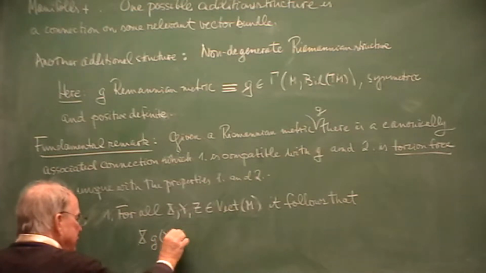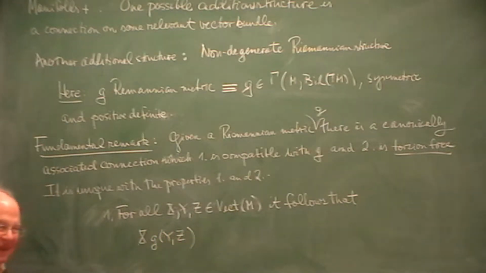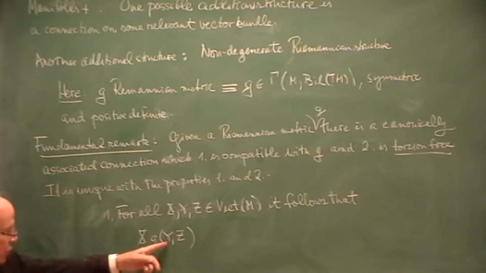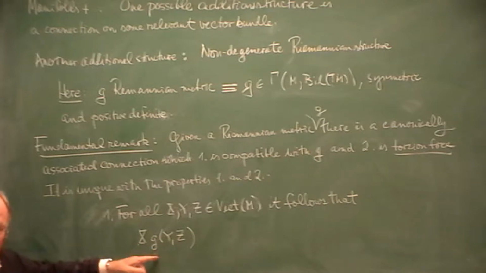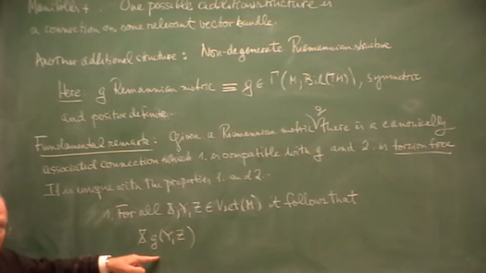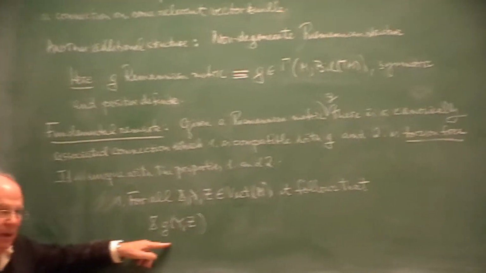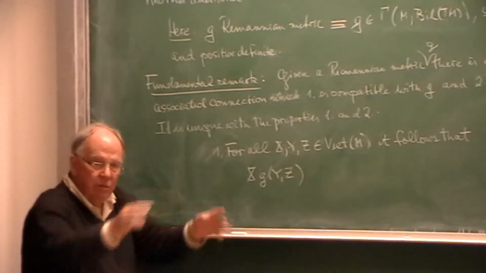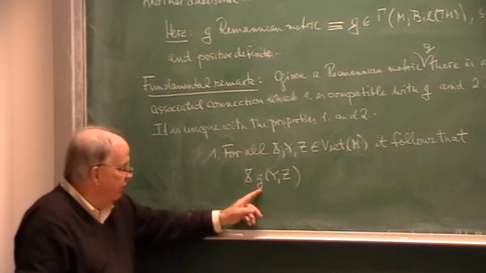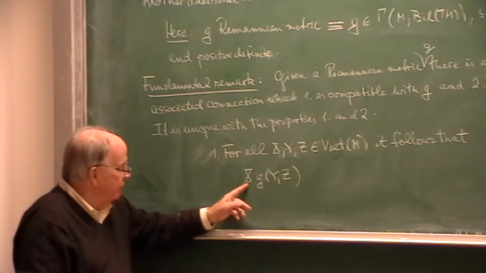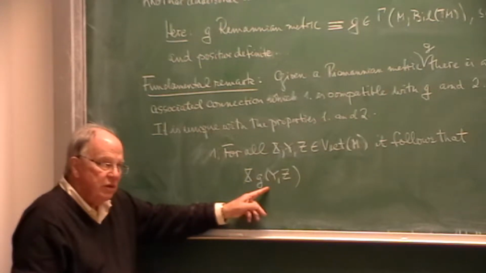I want to make sure you understand what that means. You take a vector field, take another vector field, and apply the metric to them. You understand that's a function, because the vector fields vary from point to point, and the metric varies from point to point. And vector fields differentiate functions, so this makes sense.